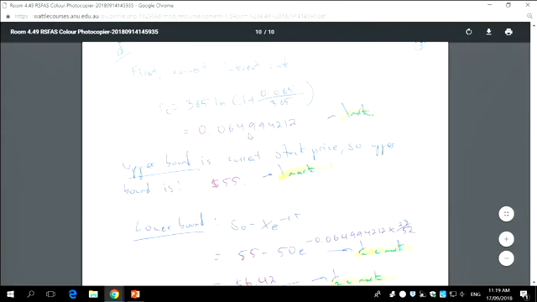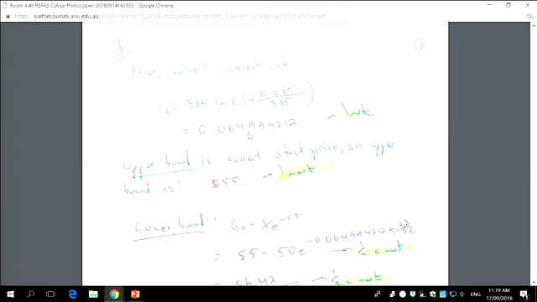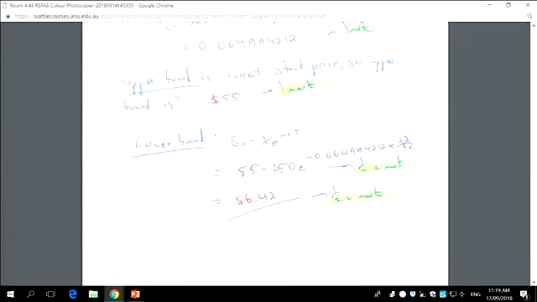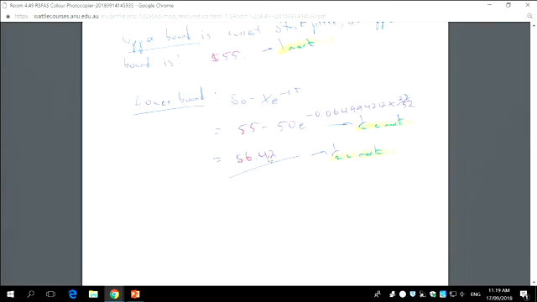Now, the upper bound of any call option is just the current spot price, which is $55. So that was easy. And the lower bound, well, you just substitute into the formula you just solved for anyway. So 55 minus 50 times e to the power of the continuously compounded rate times the life of 23 weeks, to give you a lower bound of $6.42.